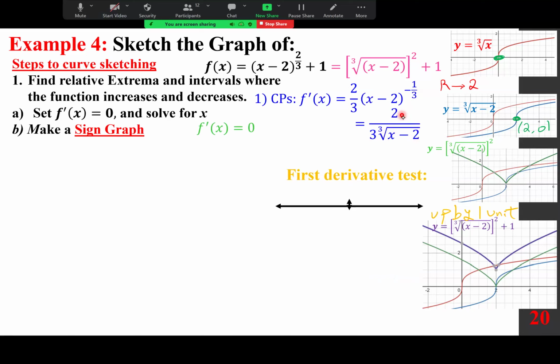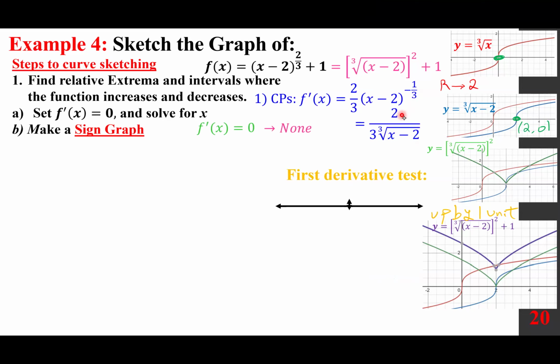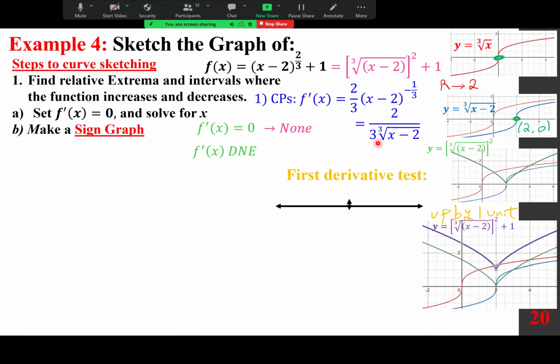Since the numerator is any number, doesn't matter 2 or anything else, it can never be 0, so it has no solutions. None. F prime does not exist, or it's undefined, meaning set the denominator equal to 0. As you can see, when you set this one equal to 0, x becomes 2.